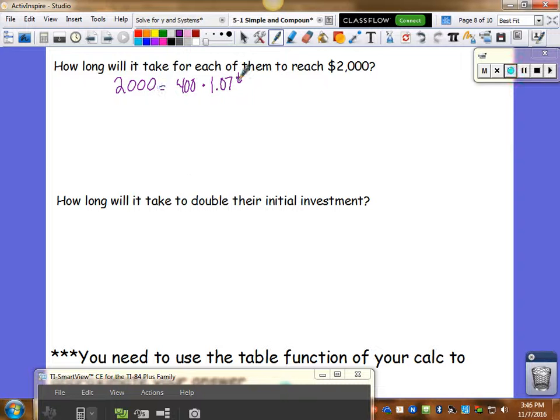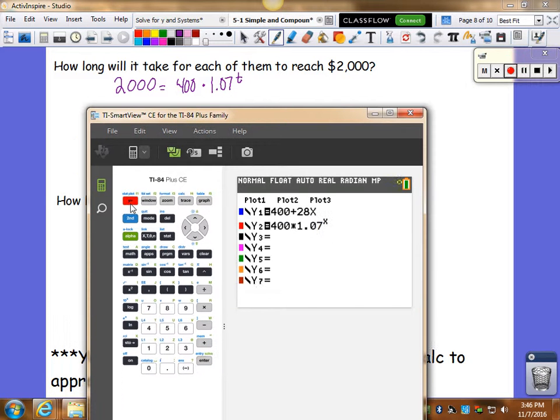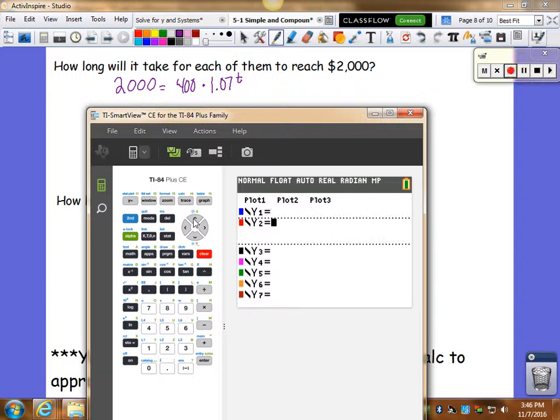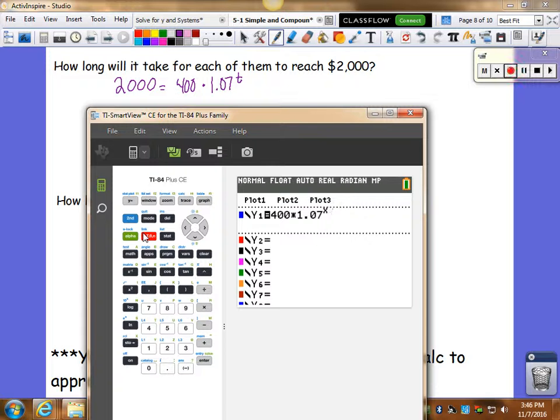Now, I can't just work my way backwards through order of operations to get t by itself. Okay, this requires logarithms. So we're going to use our calculator to figure this out. Go to your y equals and put in 400 times 1.07 caret x.